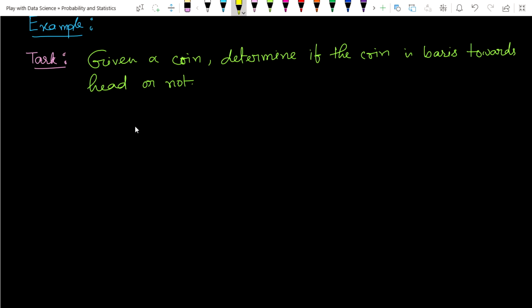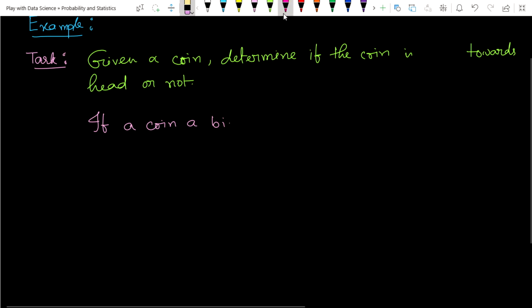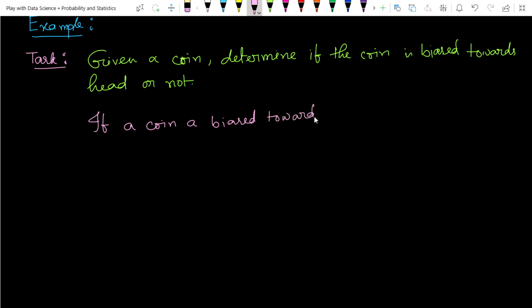First, if a coin is biased towards head, what does it mean?